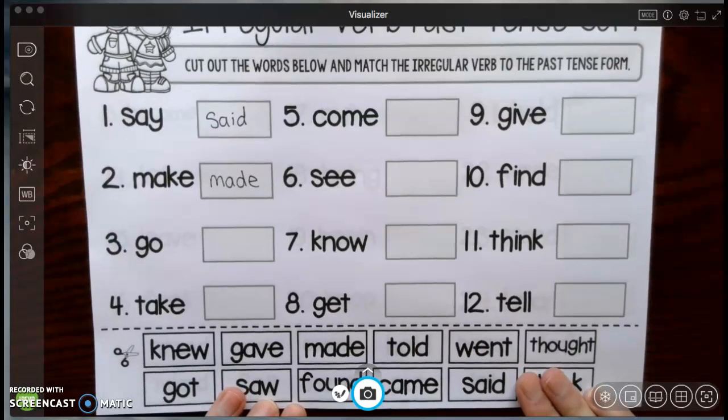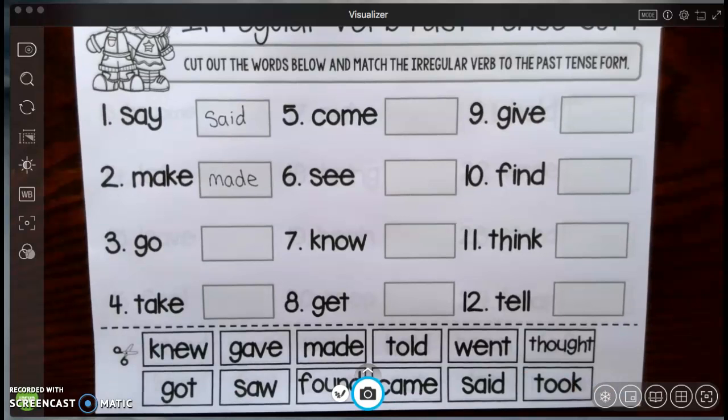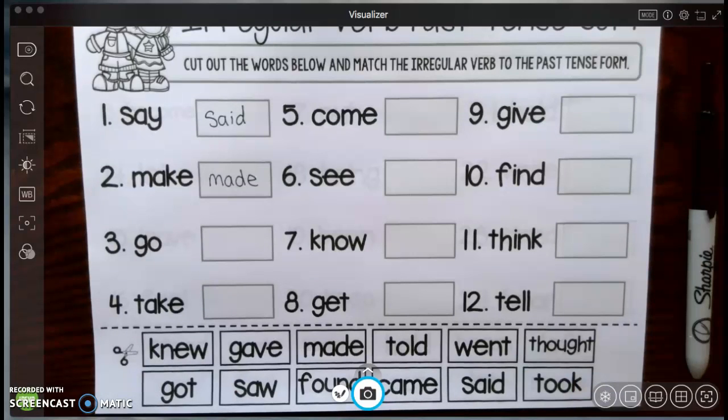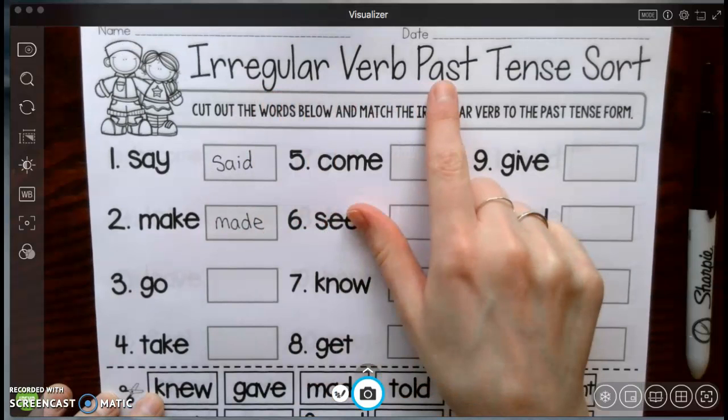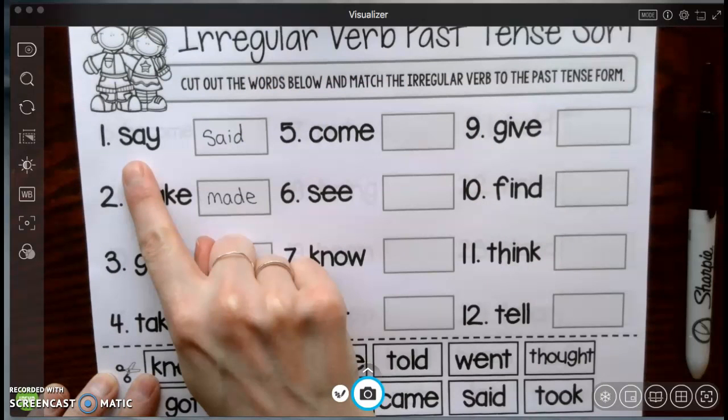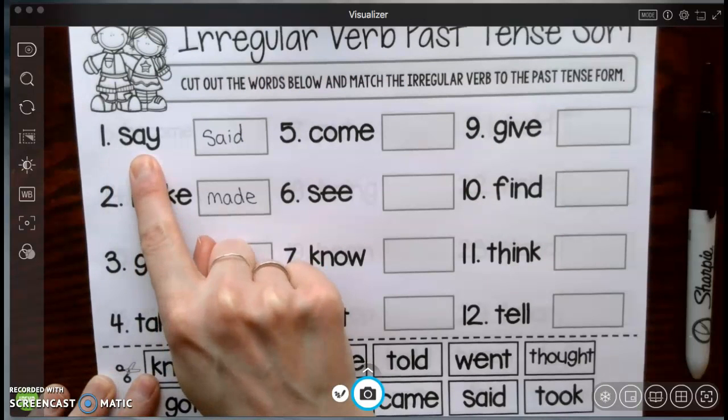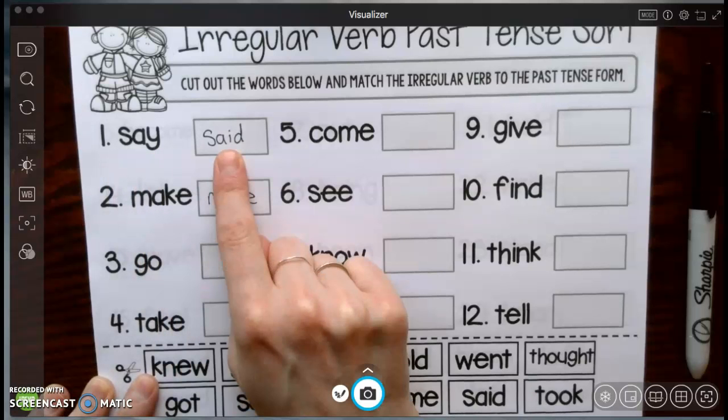Now again, if you are not printing out these worksheets and you don't have them in front of you, you're just writing on white lined paper, you can feel free to write down the heading, which is irregular verb past tense sort, write the number of the question that you're working on, number 1, say, and then right next to it you can write the irregular past tense form.